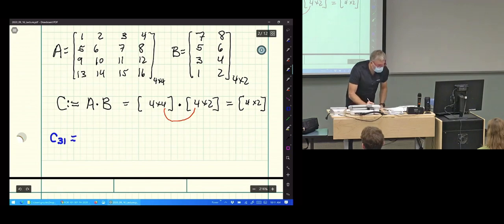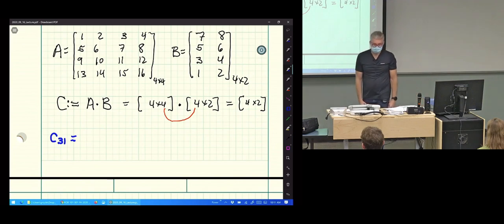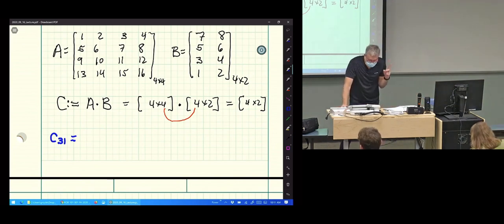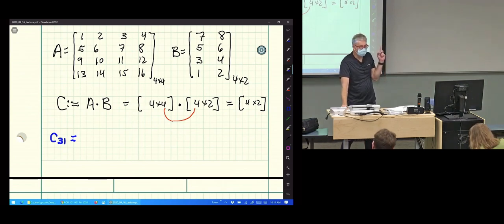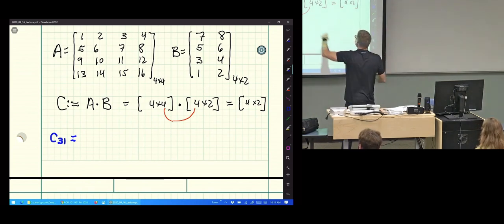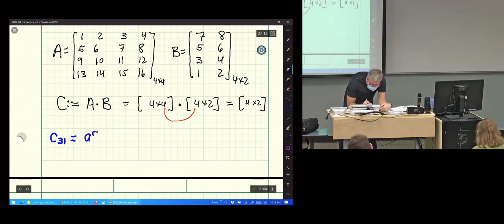What is the 3-1 entry in C? Okay, do the multiplication yourself while I'm writing some things down, okay? So just kind of quickly, can you just do this? Okay? But to be clear, it's A row 3 times B column 1.